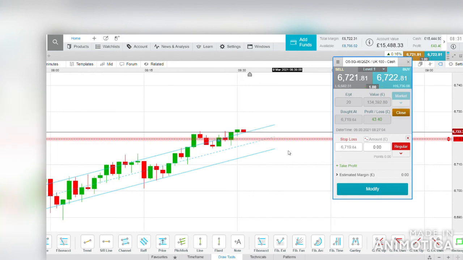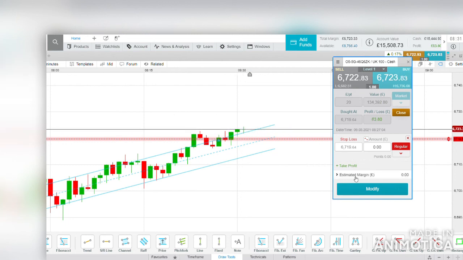So now we're 40, 50 pounds in profit. You can see it's going up. It'll probably move quite quickly. It's going to go. Come on, it's just waiting to go.